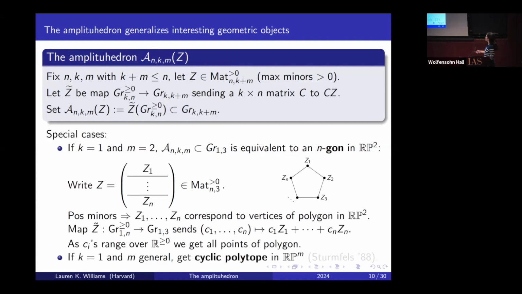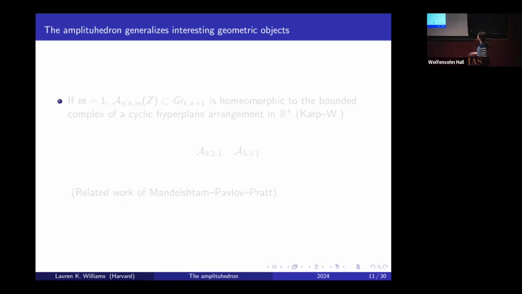And I'll point out that if k is 1 and m is general, then we get not a polygon anymore, but a cyclic polytope. And the fact that our totally positive matrix gives us the geometry of the cyclic polytope was actually something pointed out, I believe, in Bernd's master's thesis from 1988. Okay.